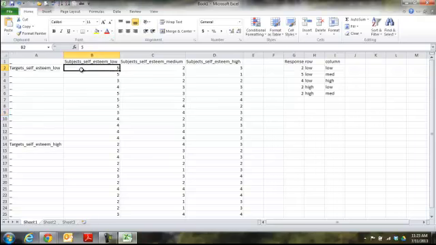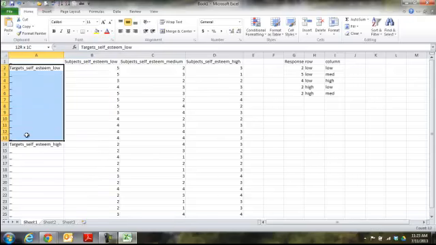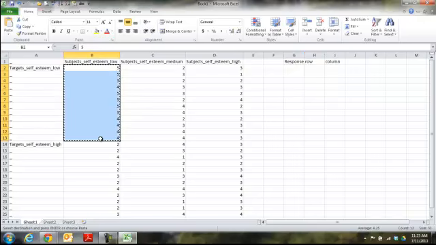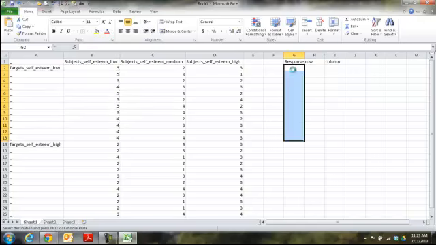These numbers here are a subject who had low self-esteem and then ranked the target as also having high self-esteem. Let me delete this out of here, and we will Control-C and paste our numbers there.